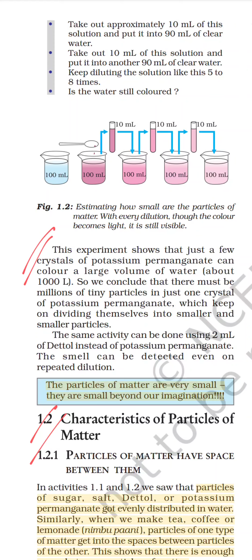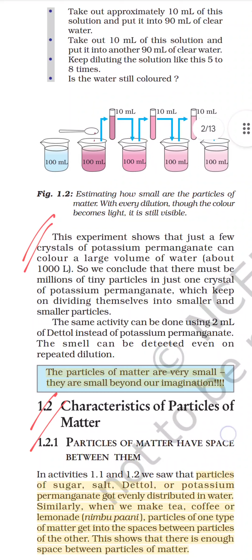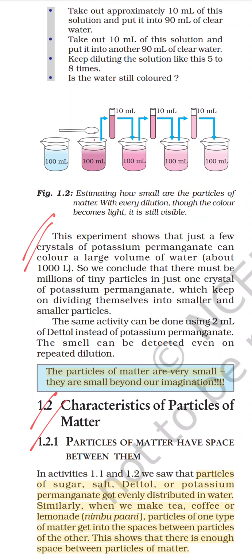Characteristics of particles of matter. Next, particles of matter have a space between them. In activities 1.1 and 1.2, we saw that particles of sugar, salt, Dettol, or potassium permanganate got evenly distributed in water.